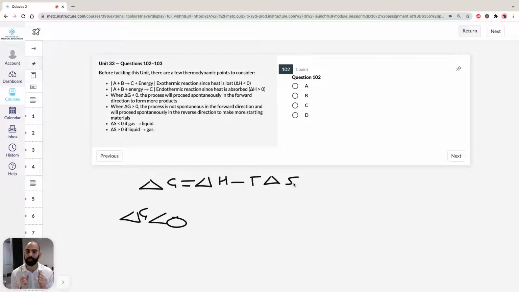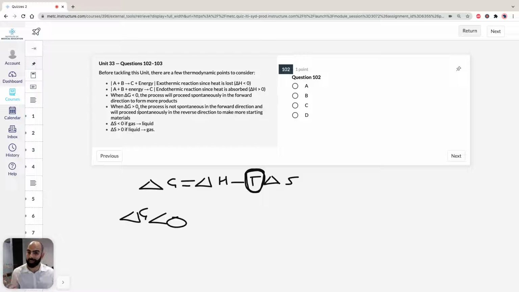But one important thing to note is that temperature plays a big role in whether or not the reaction is going to be spontaneous. If delta G, the Gibbs free energy, is less than zero, the reaction will be spontaneous and it'll proceed in a forward direction to form more products.